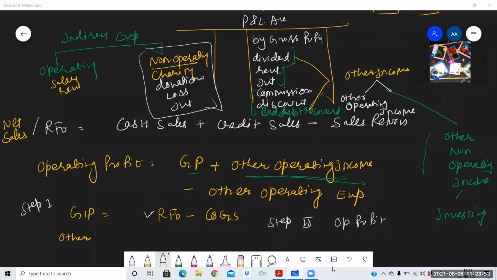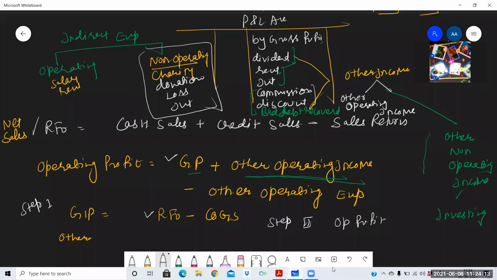To find out the operating profit, first write the gross profit. Then from the given example, find out other operating incomes. If there is any other operating income, meaning any one or any two out of these three: commission, discount, bad debts recovered, that will be added. Then minus other operating expenses.